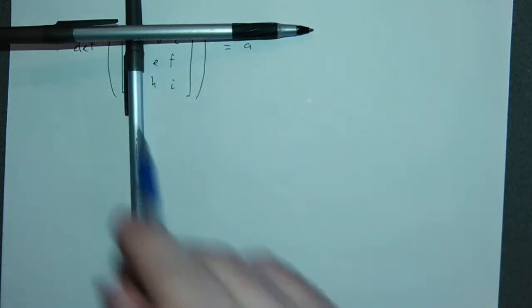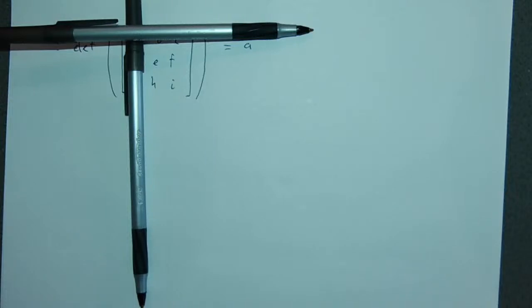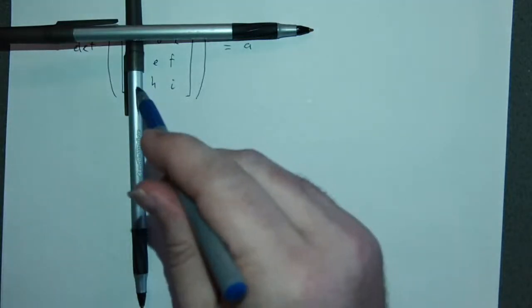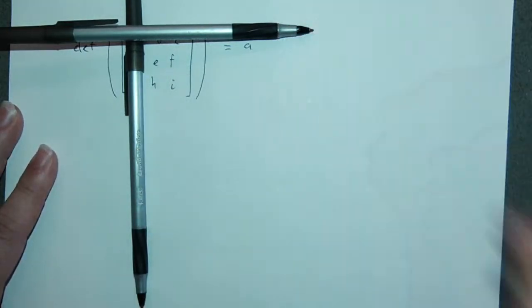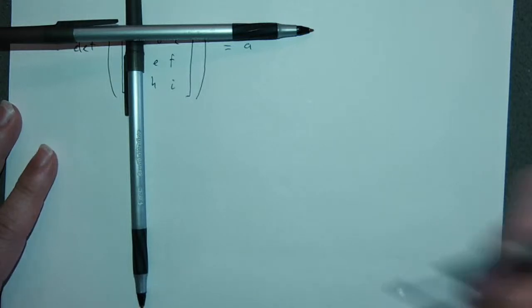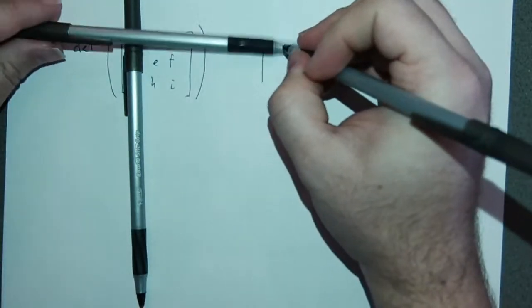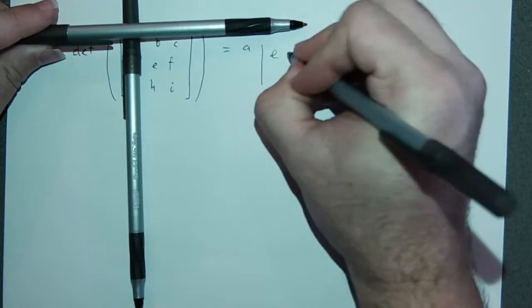We're always going to be covering up the first row, so it's the column that we cover up that changes. So in this case, we've covered up first row, first column, and what we're left with is the 2 by 2 matrix EFHI. So then A is multiplied by the determinant of that matrix that's left, EFHI.